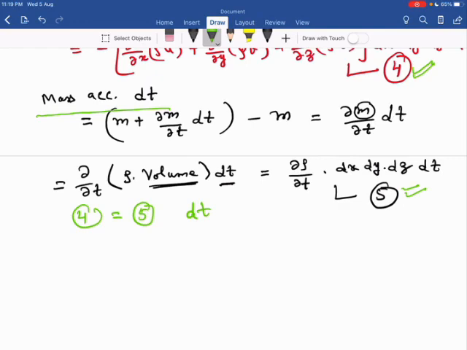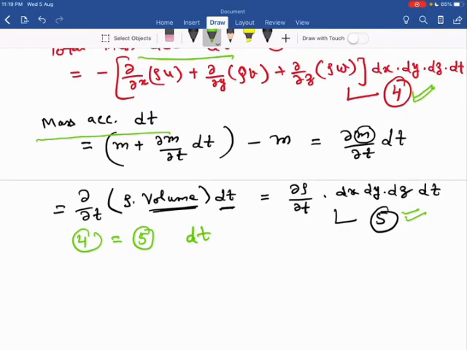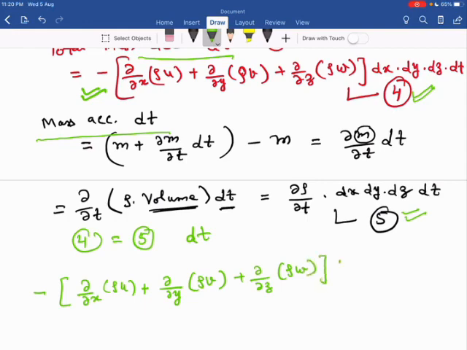So equation number 4 is with negative sign: ∂(ρu)/∂x plus ∂(ρv)/∂y plus ∂(ρw)/∂z into dx dy dz into dt equal to ∂ρ/∂t dx dy dz, that is your equation number 5, into dt.